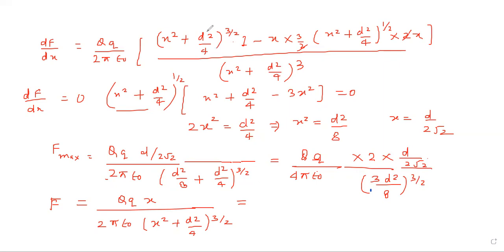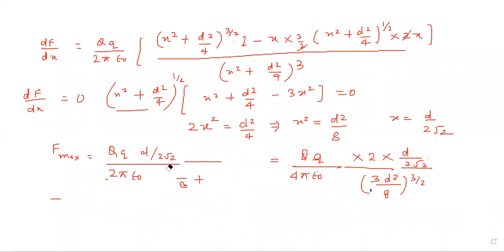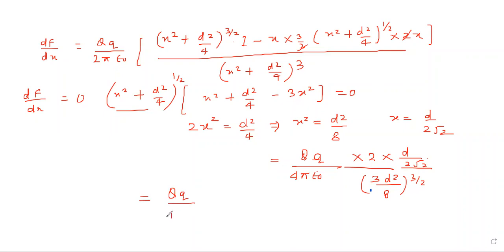Let's further simplify. It will become capital Q small q divided by 4 pi epsilon naught.